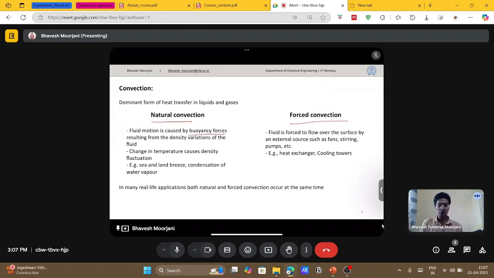So that's why we get a cold wind during the day from the sea surface to the earth. Why? Because during the day the air which is in contact with the earth's surface heats faster. Because of it, its density is lowered.